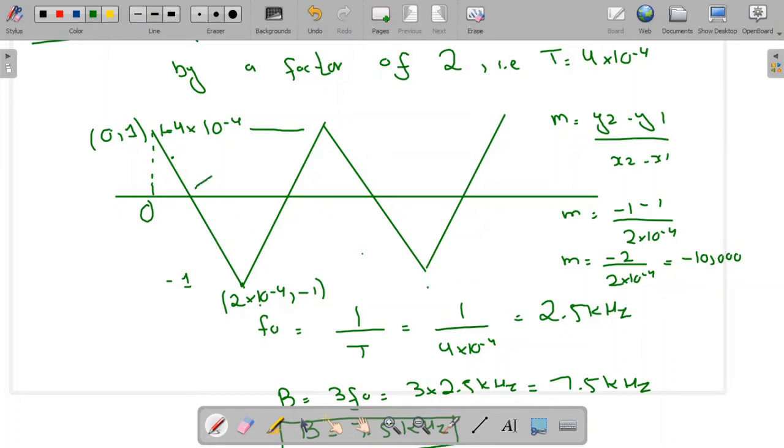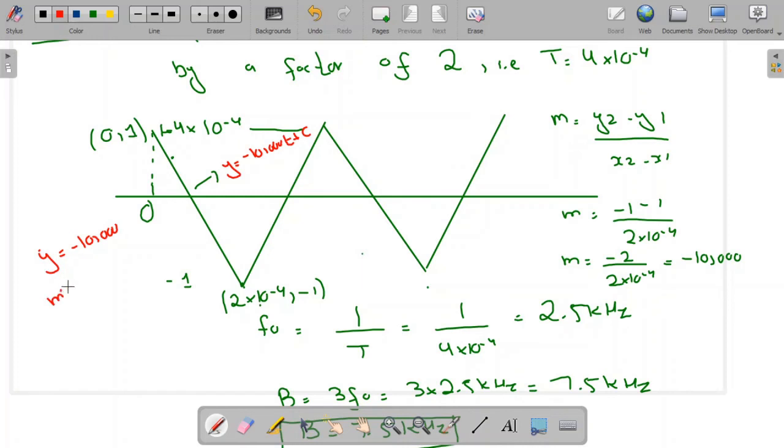So the equation of this line is y equal to minus 10,000 t plus c. And if I take its derivative, y prime is equal to minus 10,000, because y is my message signal m of t.